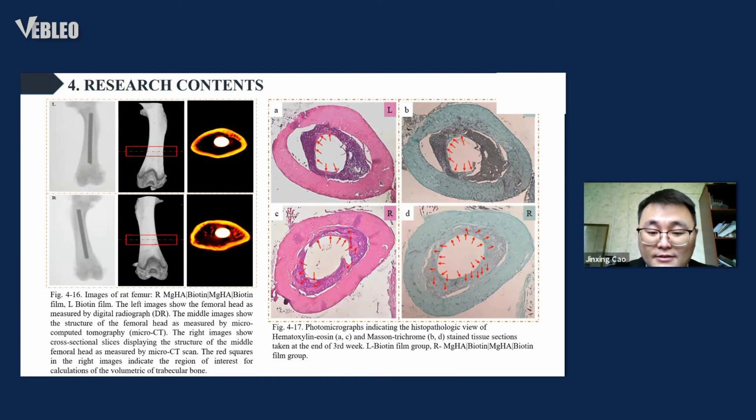To further analyze the osteogenic effect of the 4-layer composite film in the medullary cavity of the rat femur, histological analysis was performed. Figure 4-17 shows the histopathologic views of HE and Masson stained tissue sections taken at the end of the third week.